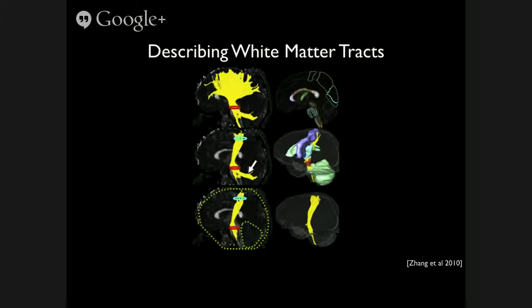So a first approach at describing white matter tracts in a pseudo-automated way comes from Zhang at the Mori lab. And what they do to describe the tracts is they take several regions of the brain that are known, and they use what we call AND or OR operations. So, a tract goes, I put a region of interest here and a region of interest here, and it has to go through both.